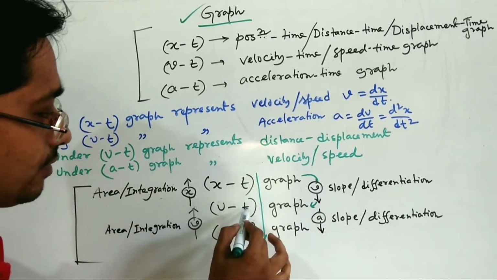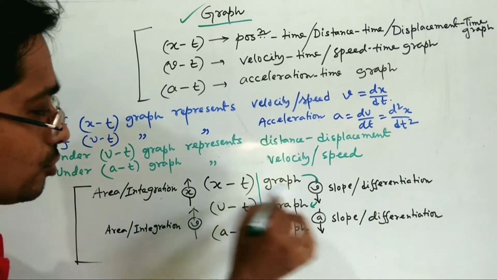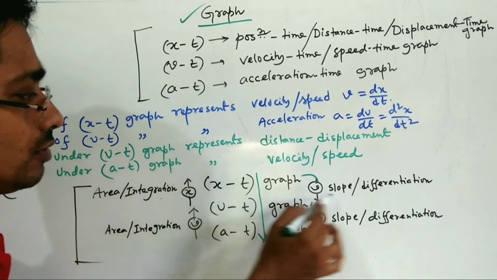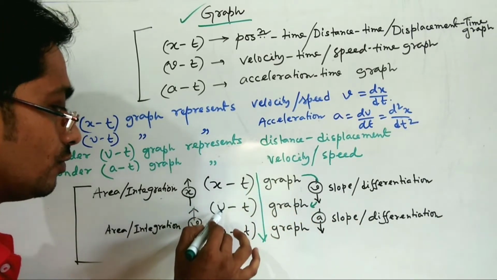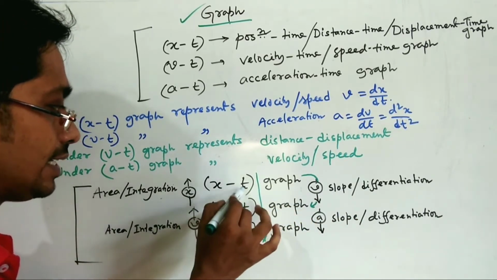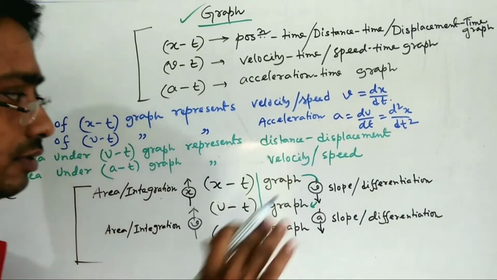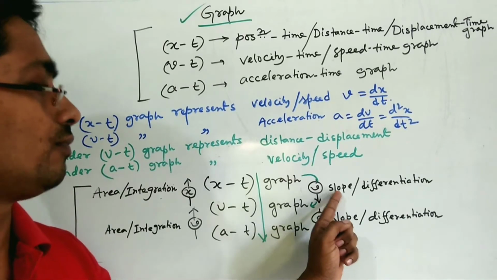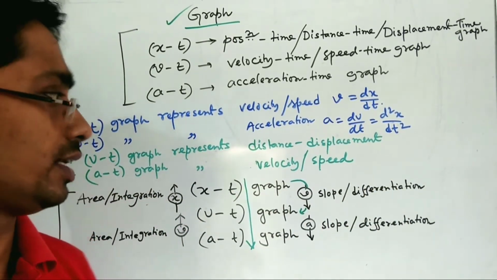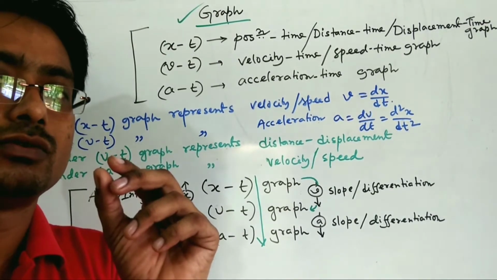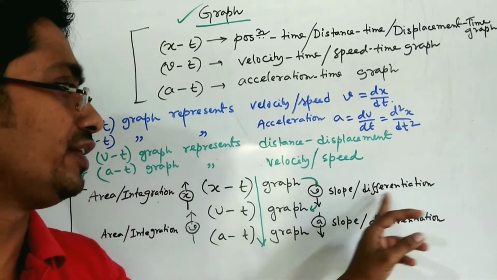From the vt graph you can find out a, that is the acceleration. How do you find it out? By using the slope. If you want to find v from the xt graph, you have to find the slope, that is differentiation. If we confine ourselves to a very small segment of the graph, in a small interval of time, it will be differentiation.